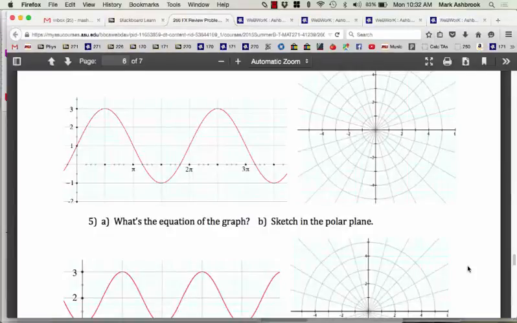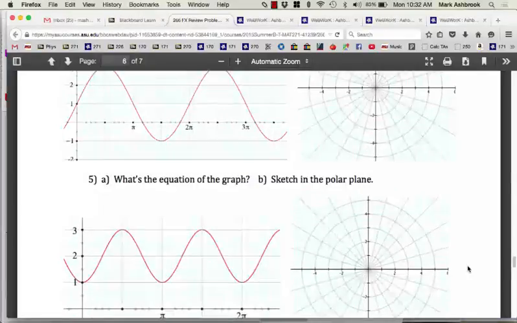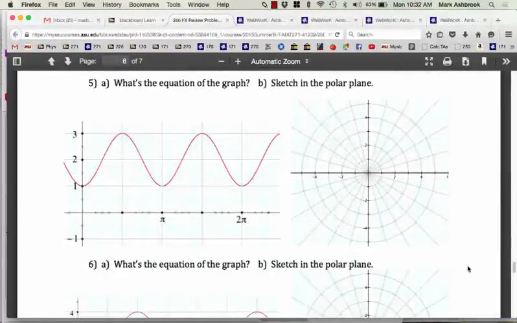5. So let's look at number 5. So we're going to think about turning the angle counterclockwise, and as we do that, looking at what r does.